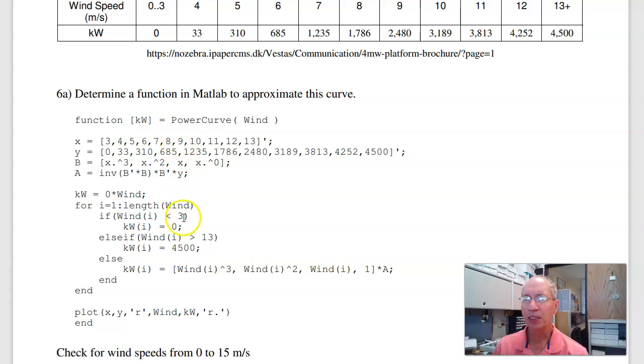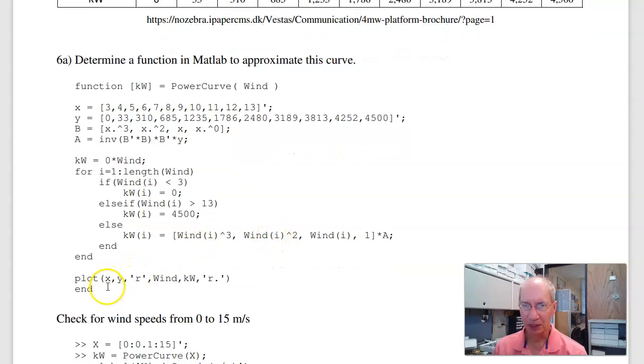Now my curve fit. If the wind speed is less than 3 meters per second, I output 0. If it is more than 13 meters per second, I output 4,500, the maximum. And otherwise, it's my curve fit. And just for fun, let's plot the power curve in red, and plot the curve fit in a dot.